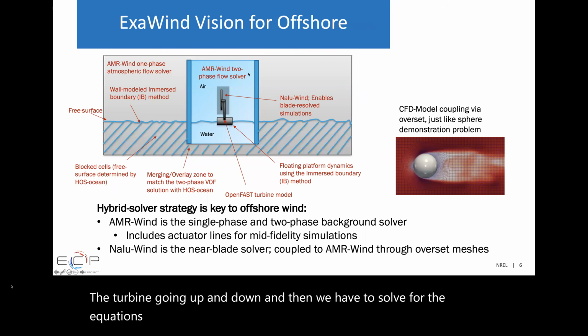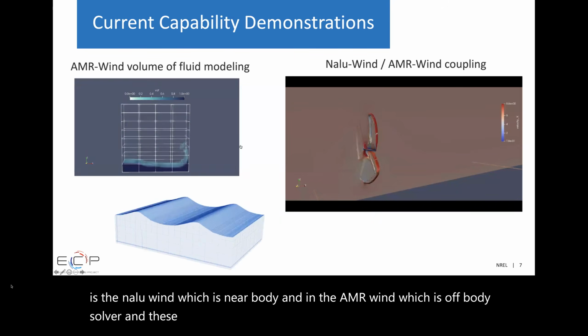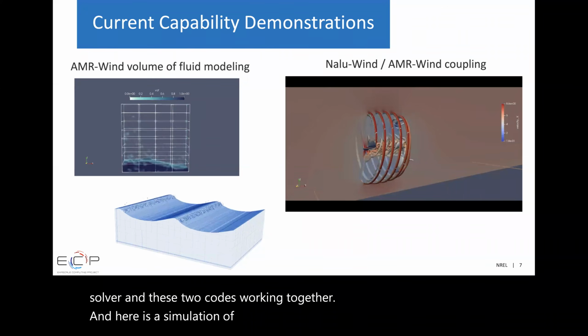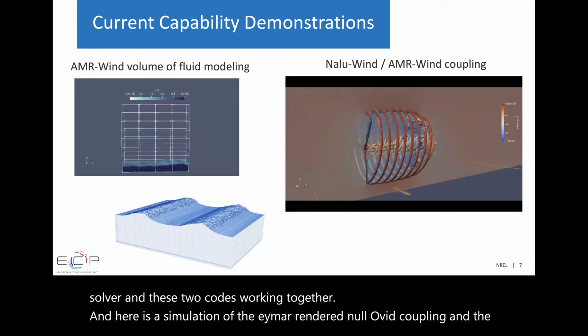And we have AMR Wind two-phase solver. Here is the Nalu Wind which is near body, and then the AMR Wind, which is off body solver, and these two codes working together. And here is a simulation of the AMR Wind and Nalu Wind coupling, and the CFD simulation of the turbine.